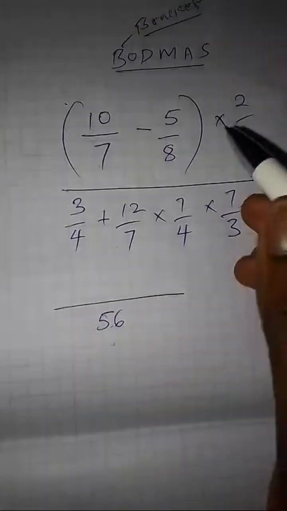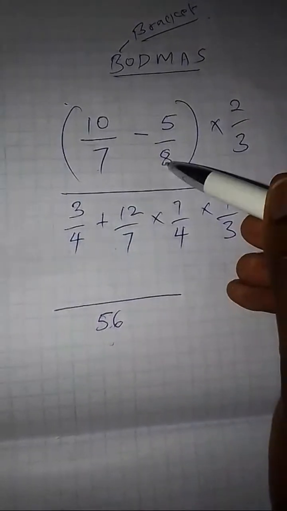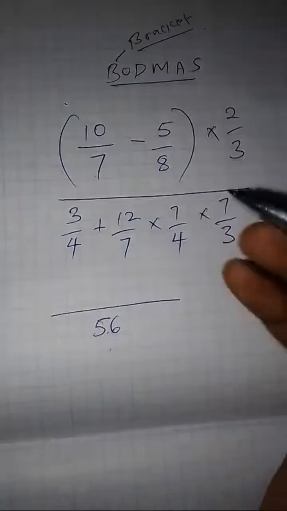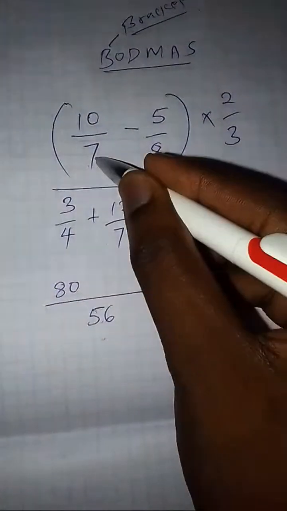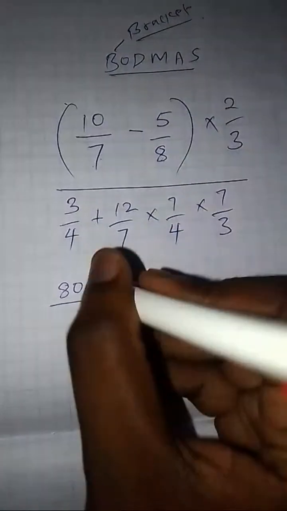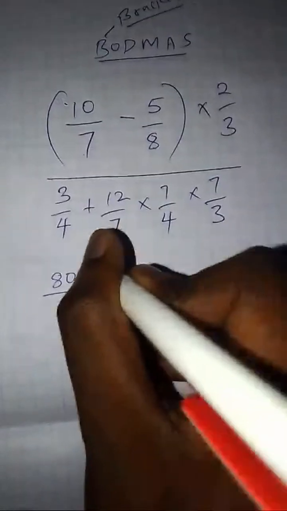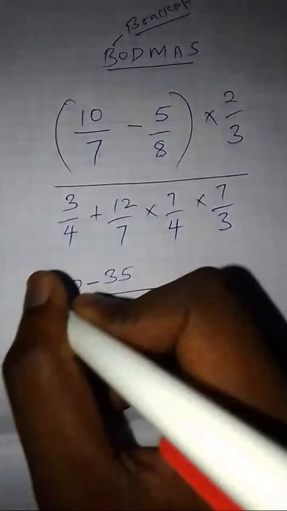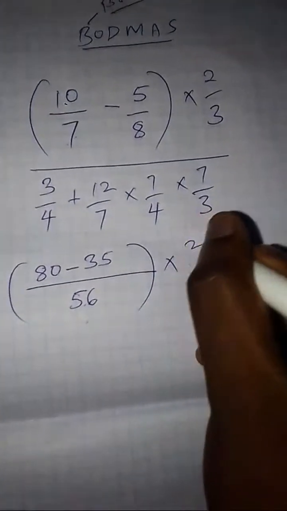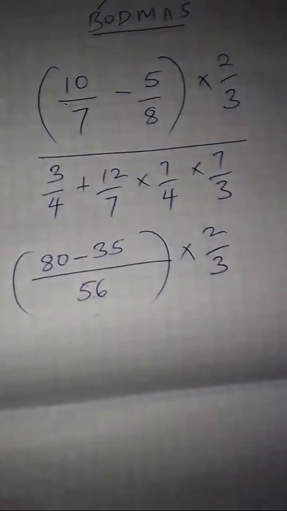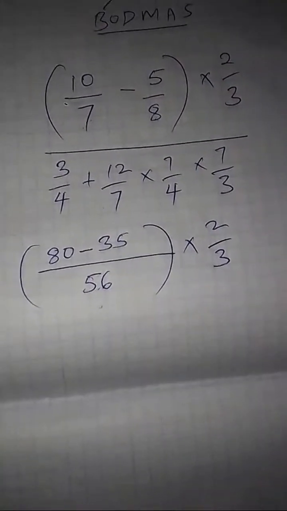Then now we shall have 8 times 10 is 80. Okay. Then 7 multiplied by 5 is 35. Then you shall close the bracket, then multiply by 2 out of 3.